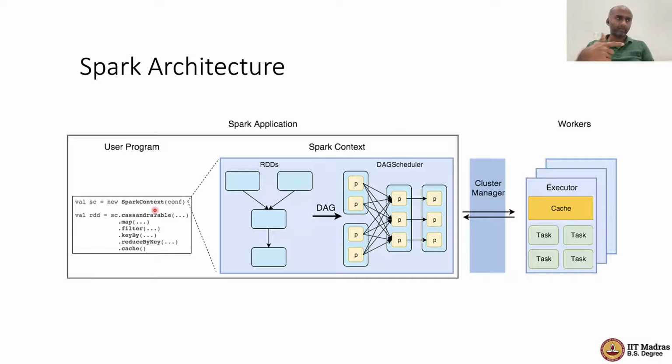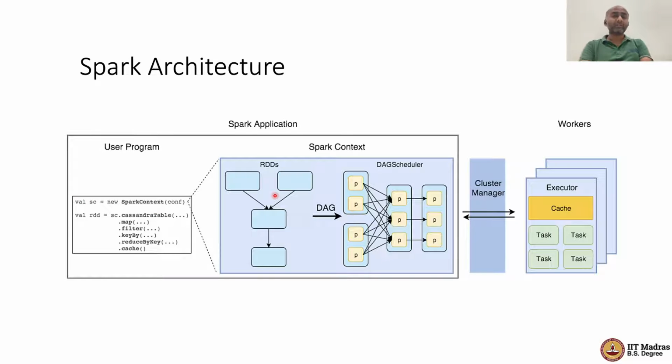When the Spark application runs for the first time, the context is created, and continuous running of the application results in continuous access to the context. So when the application gets killed or terminated, the context dies along with it. In some cases, the context can be long-living, in which case the application can come and go from the front end. Right? So that's a more advanced architecture. We'll come to that at a later point in time. But typically, an application is tied to the context and vice versa. That's how we think about it.